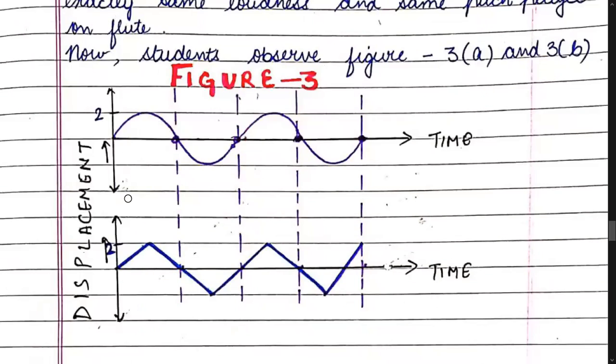So to understand about waveforms, I request you all to observe figure number 3. Now in this figure, our first diagram is a curved wave. And in the second diagram, we are having a triangular wave.